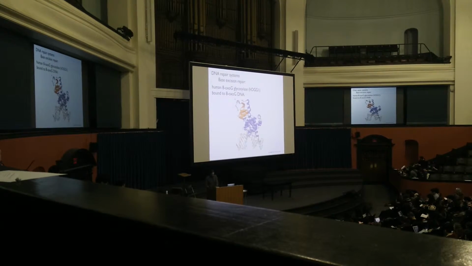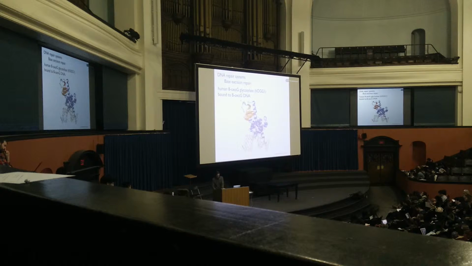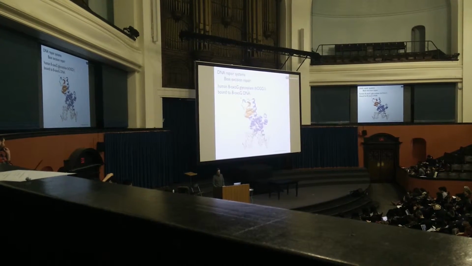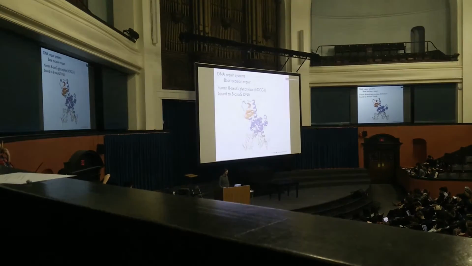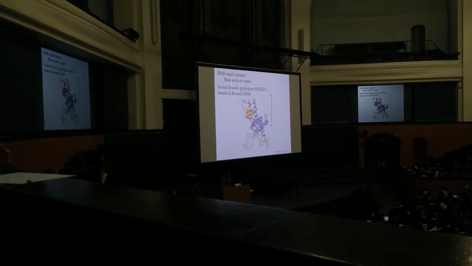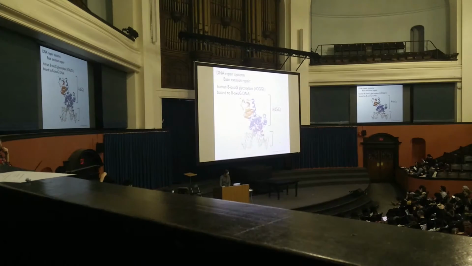Okay, so here's another structure, and what I want to show you from this structure is that there's kind of a theme in some of these recognition events. So this is the human glycosylase for 8-oxo-G, and the glycosylase is here. And then here's the DNA.